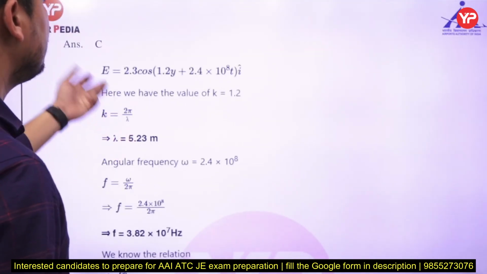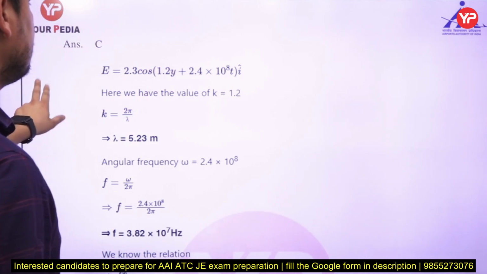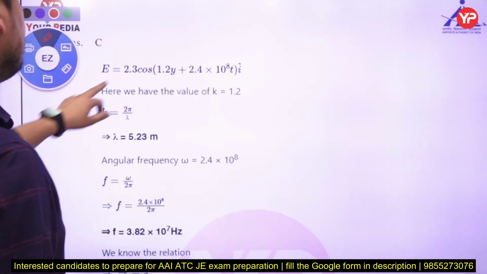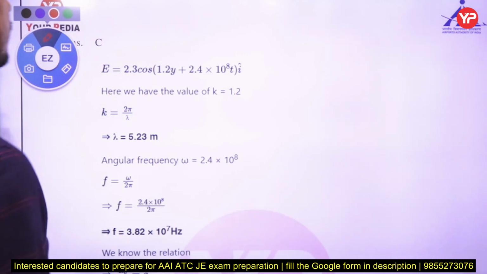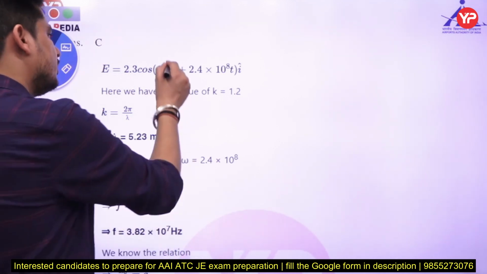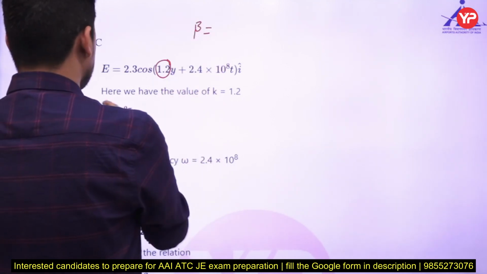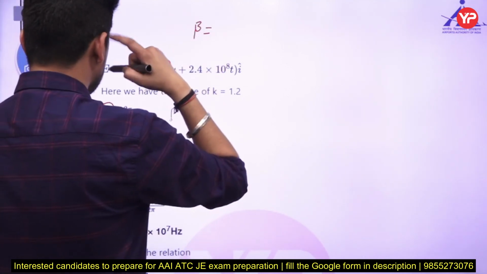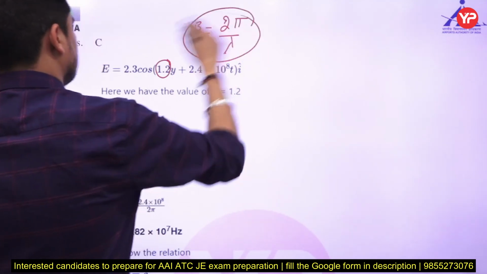Wavelength is going to be, either you can directly calculate that one. Yeah, this is the complete equation that is misprinted there, right? That is the complete equation, 2.3 cos of 1.2 y and 2.4 into 10 raised to power 8. So this is your beta. Beta, or you can say the wave number k, sometimes it is written as beta or wave number, that is 2 pi by lambda, right?